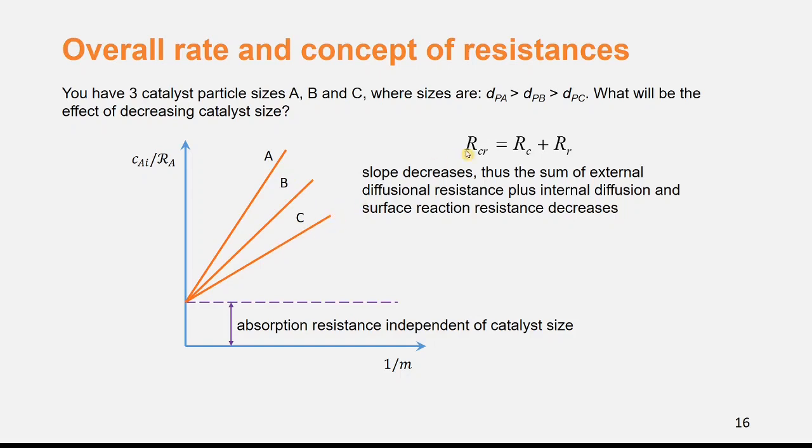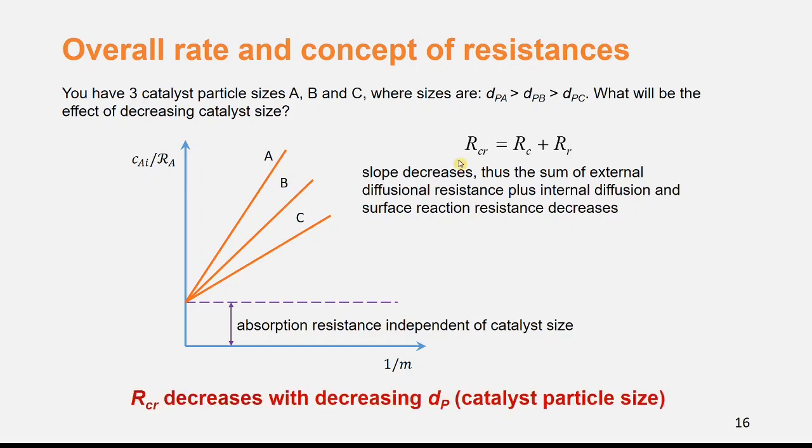That means that RCR, which is the combined specific resistance due to external diffusion, internal diffusion, and reaction, decreases with decreasing catalyst particle size. Thinking about the definition of the Thiele modulus, does this match what you would expect?